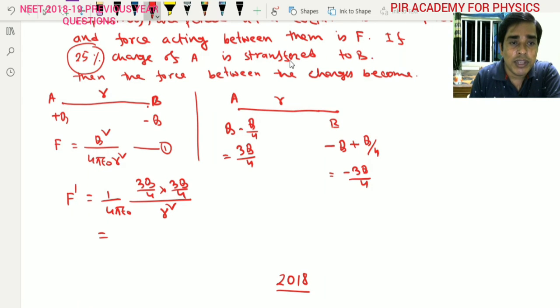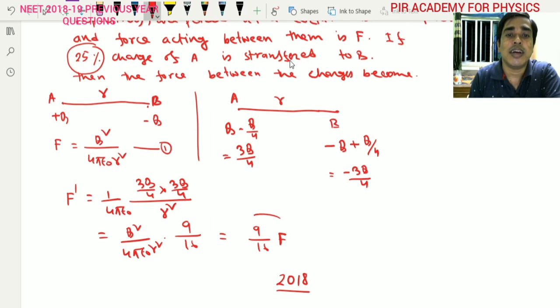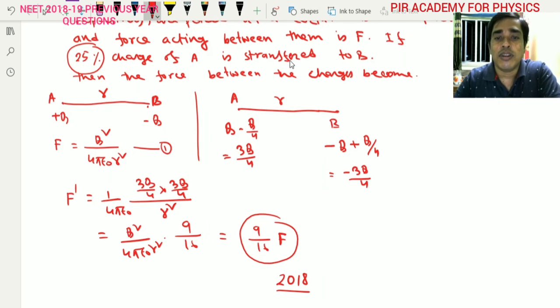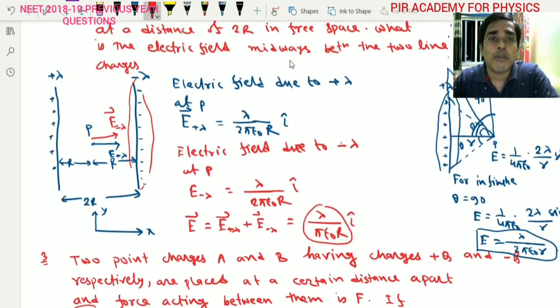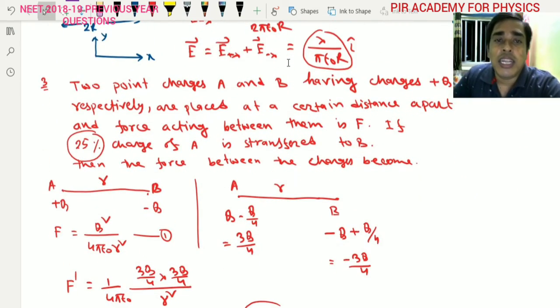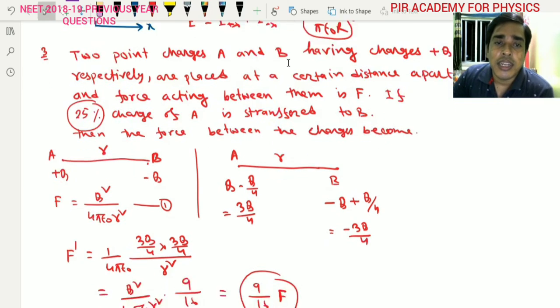So it will be Q square by 4 pi epsilon naught R square, and here will be 9 by 16, so it will be 9 by 16 F. So this is the answer. This is problem 3 on electrostatics in 2019.